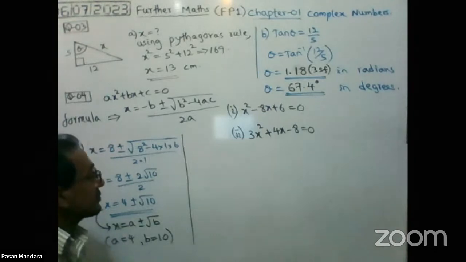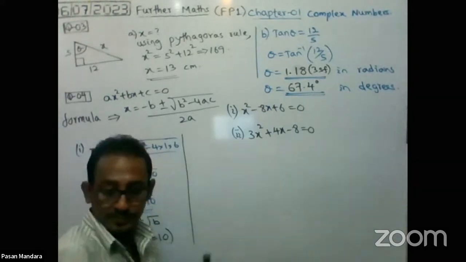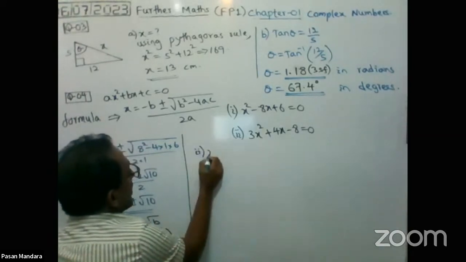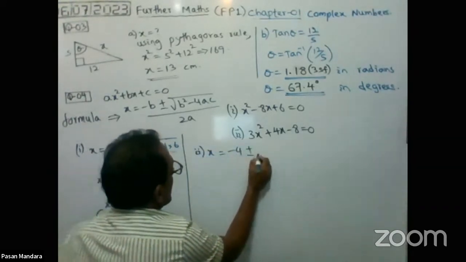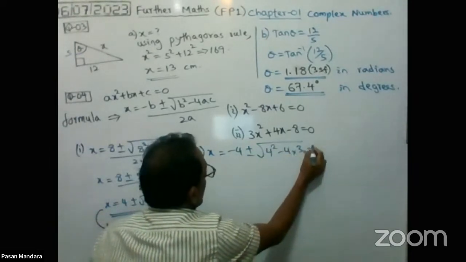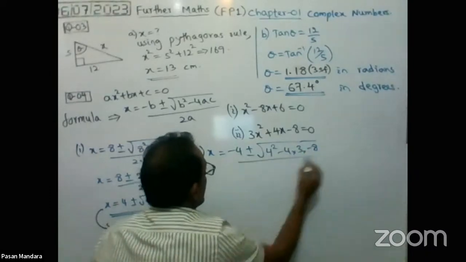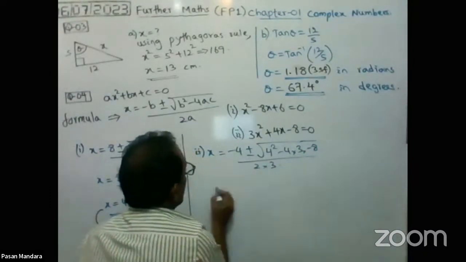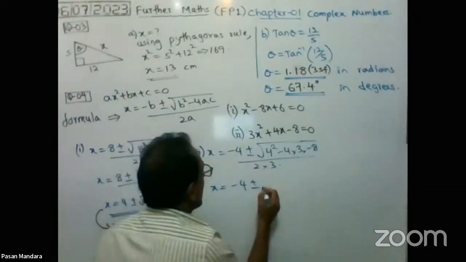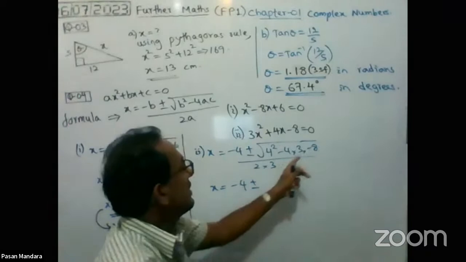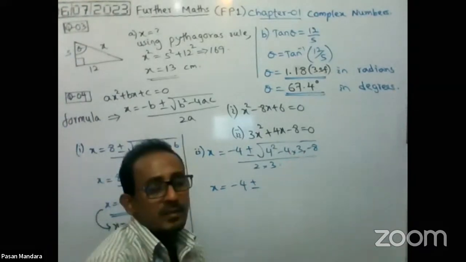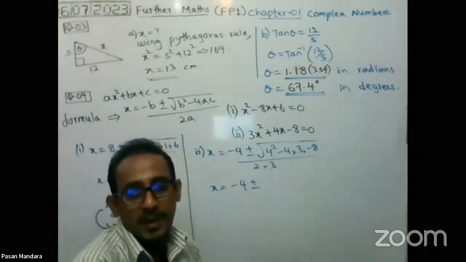Right, we'll see. Now this one. Here 16. This is getting 96. 96, 16 added because minus minus plus.